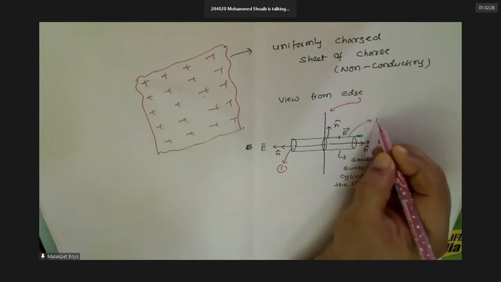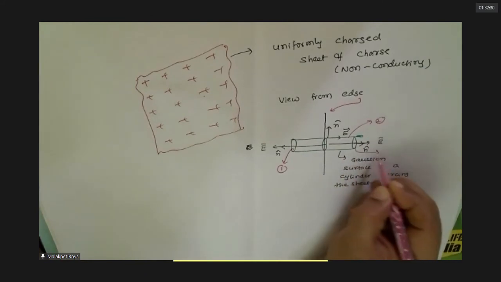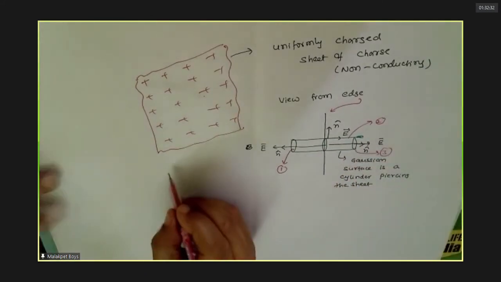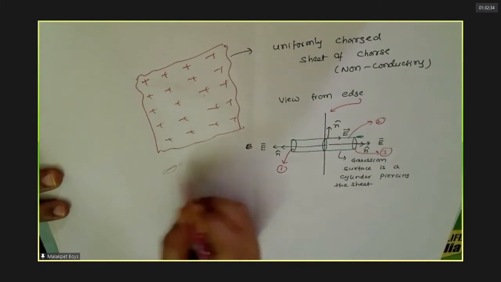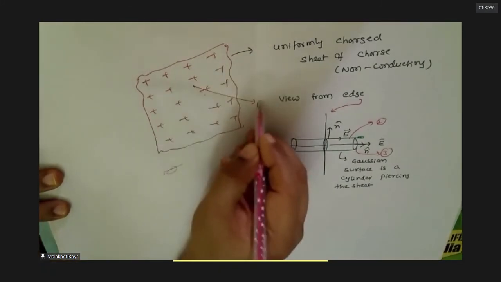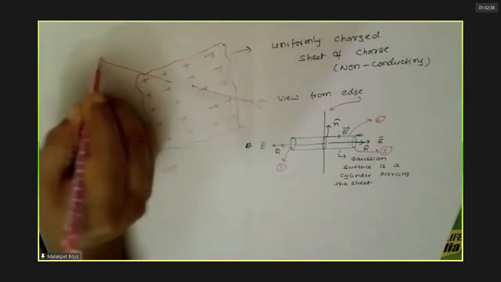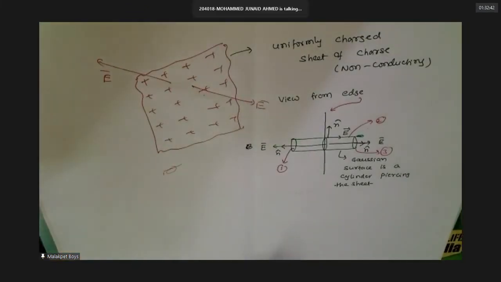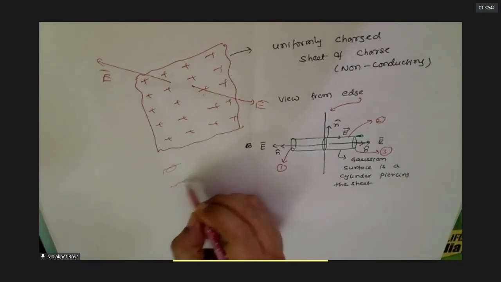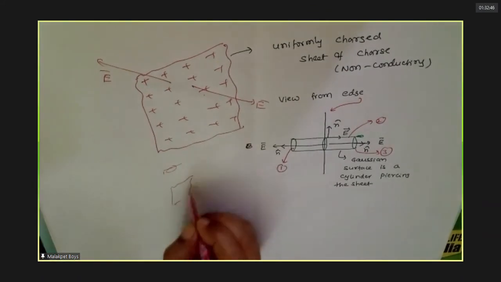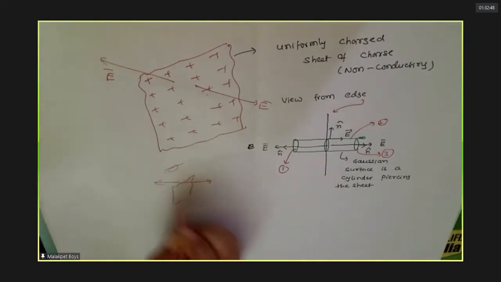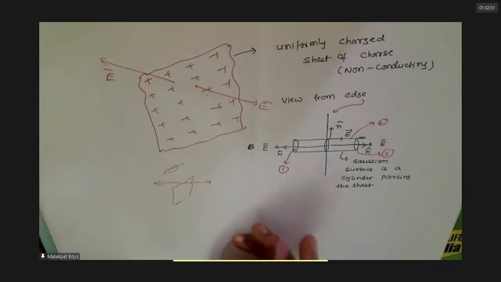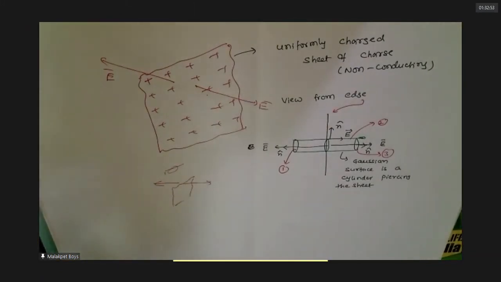No man, this is the electric field of the sheet. This will be E bar like this. Backside also E bar will be like this, no? Forgot this? No, sir. Electric field of a sheet of charge, we have done this already the other day. Understood this?